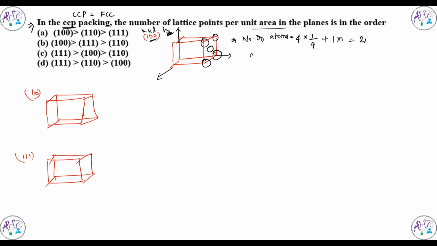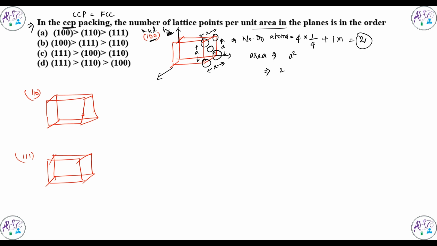Okay, let's find out the area. So look at the area: this is equal to A. All the directions are equal to A. So this is equal to A, this is equal to A, this is equal to A, and this side is also equal to A. So the area of the square is going to be equal to A square. In the question they asked for the number of lattice points per unit area. So how many lattice points are there? 2 atoms.